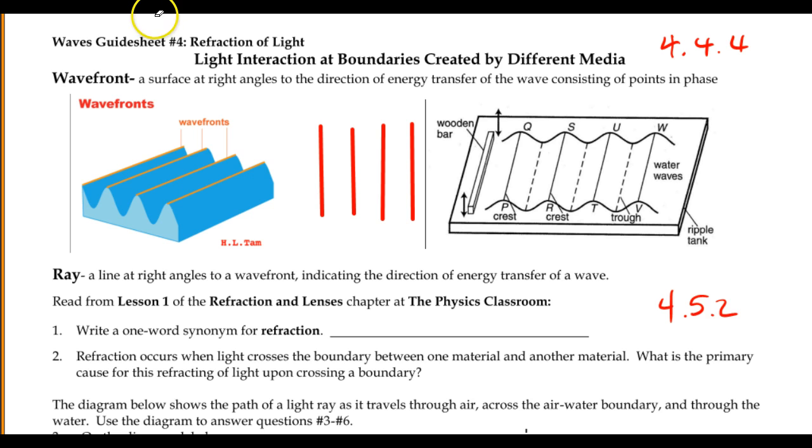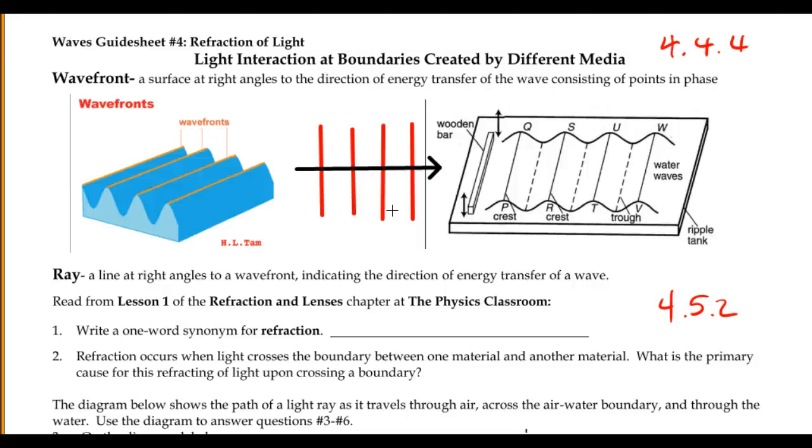Now we often can turn that wave front into more of a single line, and we call that a ray. So if I draw an arrow down the center of the wave front perpendicular to the wave front, then that arrow segment is usually called a light ray.